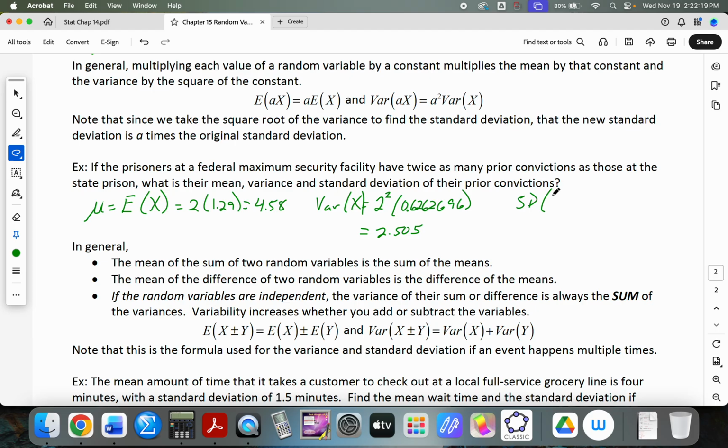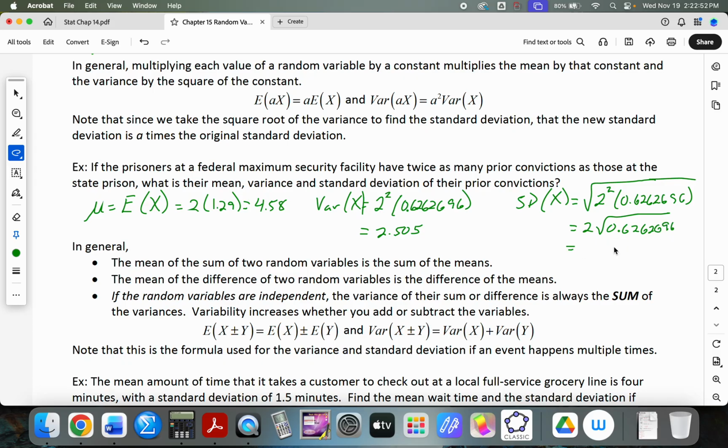And the standard deviation of big X then is going to be the square root of the variance. So that's the square root of 2 squared times 0.6262696, which is 2 times the square root of 0.6262696.